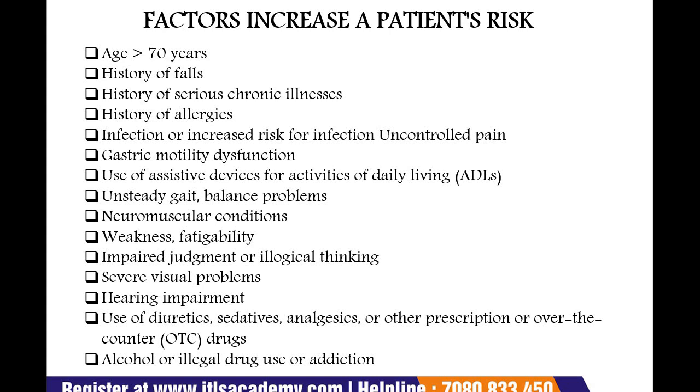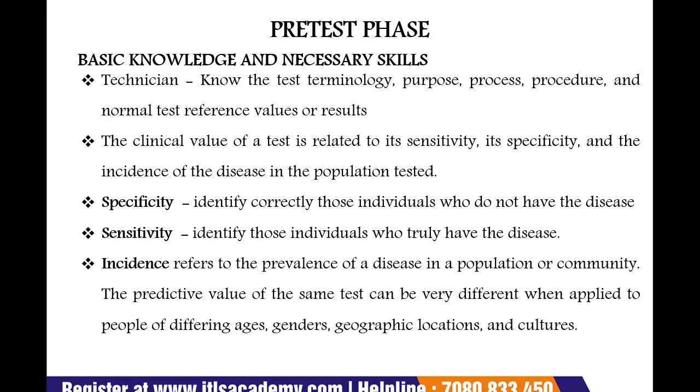They include: patient age above 70 years, history of serious chronic illness, allergy, infection, gastric motility dysfunction, unsteady gait, that is balance problems, neuromuscular conditions, weakness, impaired judgment, severe visual problems, hearing impairment, use of diuretics, sedatives, analgesics or other prescription or over-the-counter drugs, and alcohol or illegal drug use or addiction. These are the factors that will increase a patient's risk during the diagnosis.